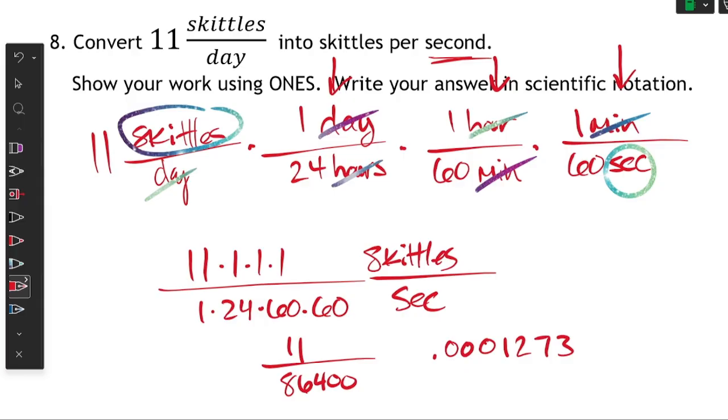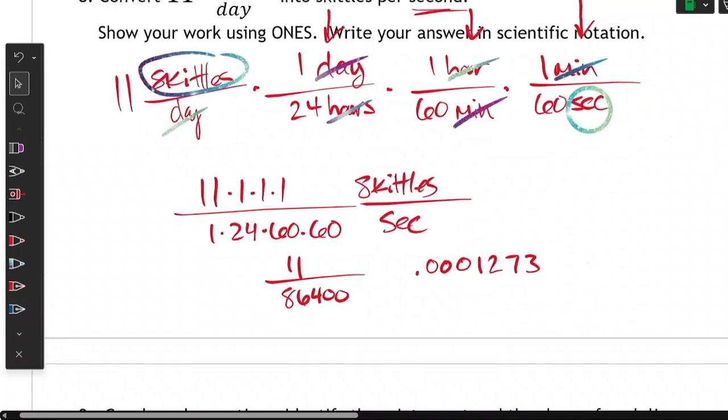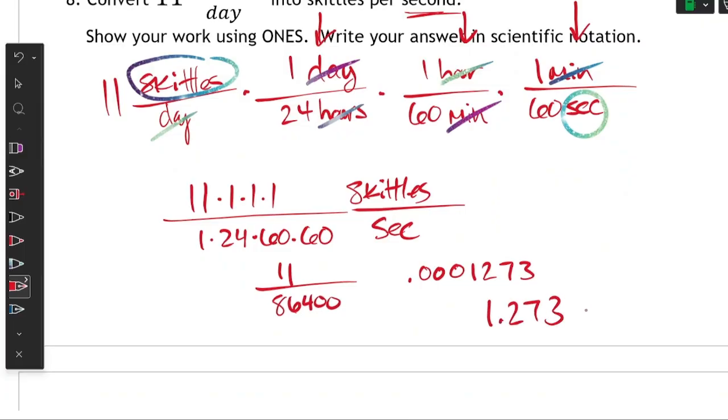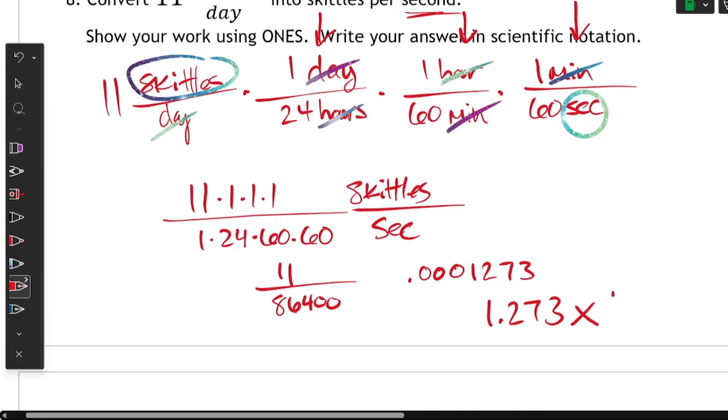So this number is Skittles per second, but it does say write your final answer in scientific notation. So I'm going to go ahead and write 1.273, but I can see that the number I just wrote down was very large compared to what it needs to be. It needs to be 0.001273. So I'm going to be dividing by tens. In fact, I'm going to be dividing by 10 three times.